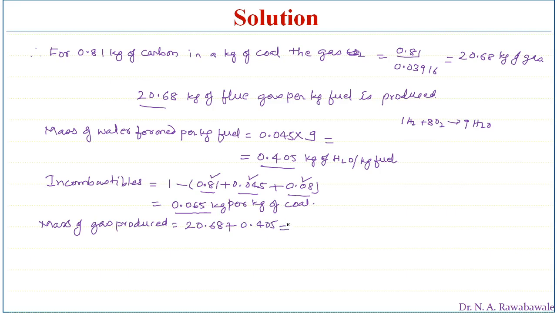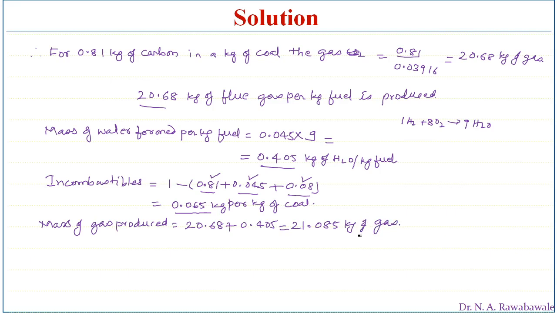So this much gas is produced by the combustion. If we add 20.68 plus 0.405, we get 21.085 kg of gas produced.